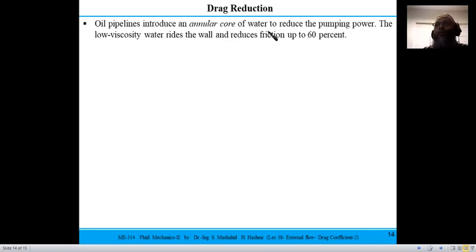So actually water is not in direct contact with the solid surface of the pipe, but the low viscosity fluid is in direct contact with the pipe, and this friction is very close to the wall. So in this annular core the friction is reduced even up to 60%. So once the friction is reduced, the pumping power requirement for a long distance pipeline is quite a good saving.